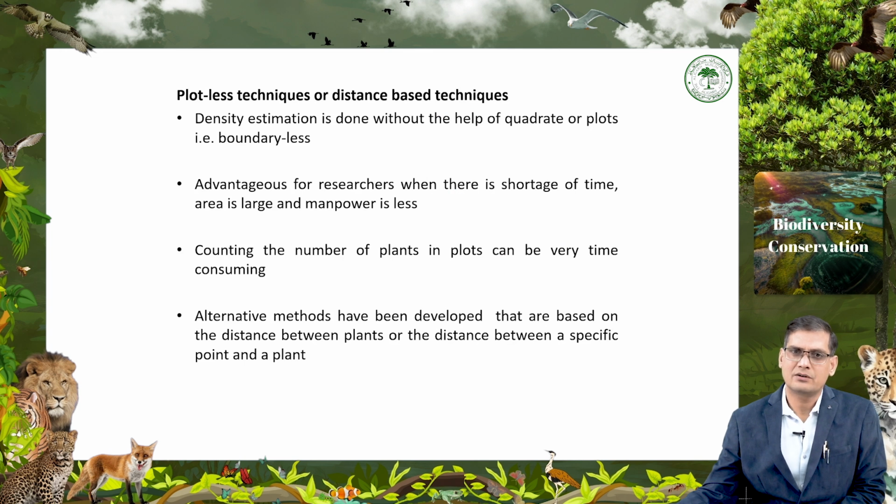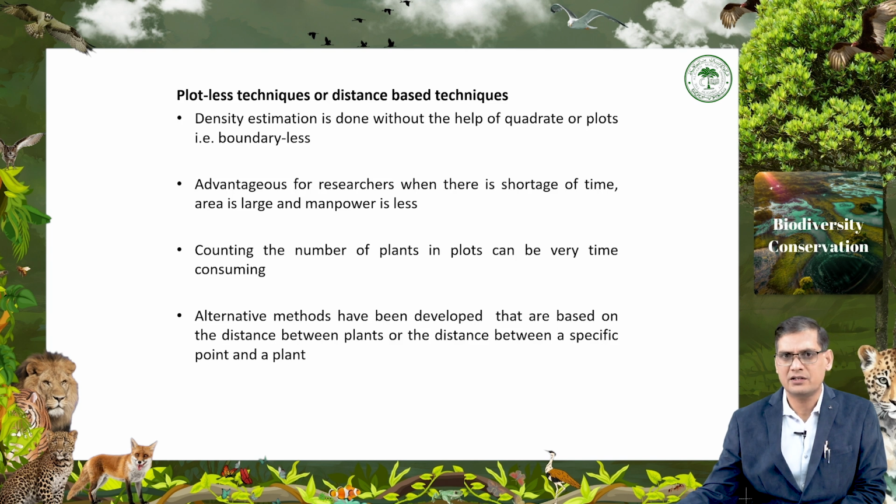Plotless techniques or distance-based techniques. These techniques are also known as distance methods and estimate plant density by measuring the distance between plants or between plants and some random points.